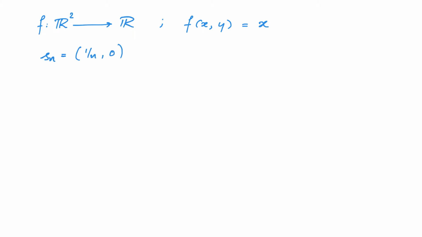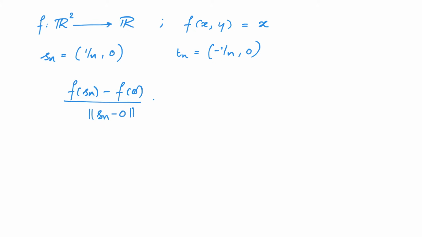We can see that it is not differentiable under that definition because if you consider two different sequences Sn and Tn defined as (1 by n, 0) and (minus 1 by n, 0), then you get different values for the limits of (f(Sn) minus f(0)) by the norm of (Sn minus 0) and (f(Tn) minus f(0)) by the norm of (Tn minus 0).